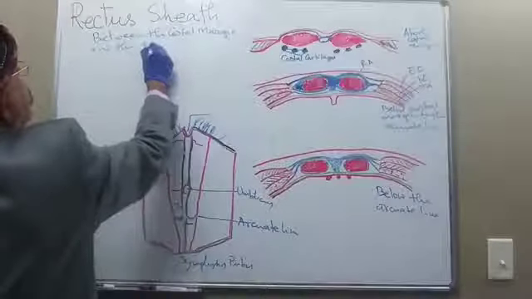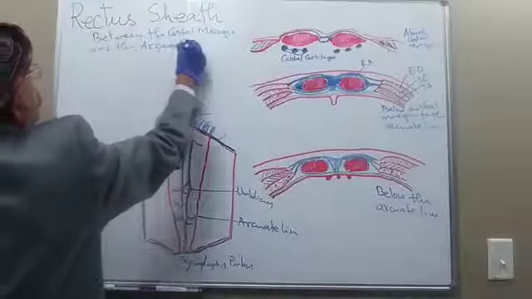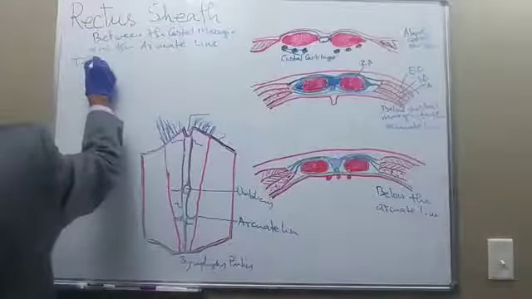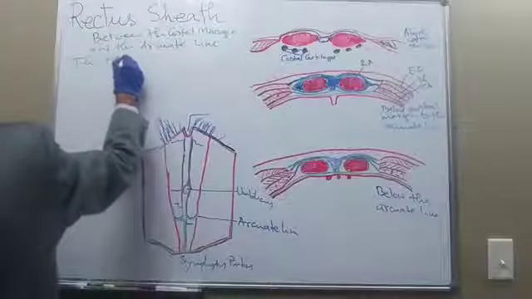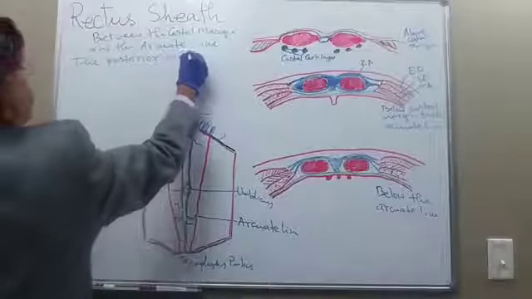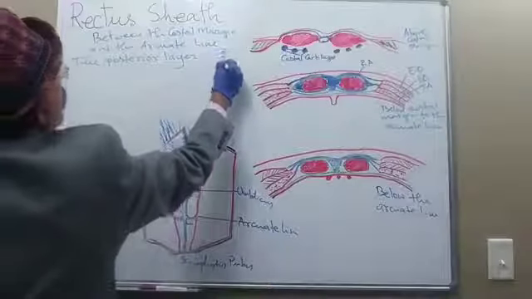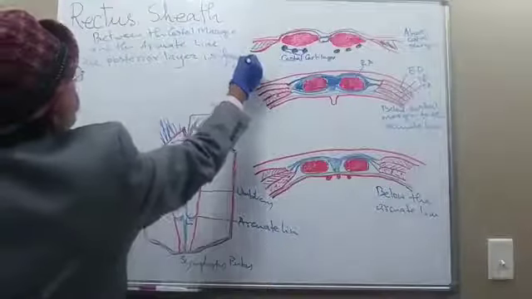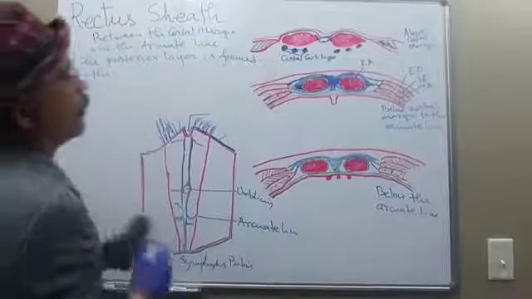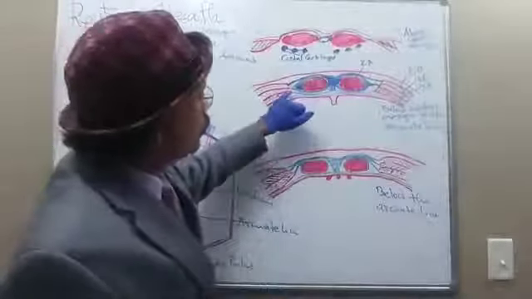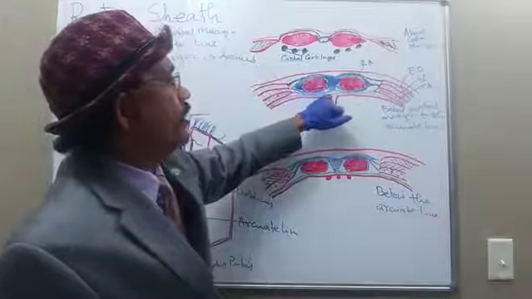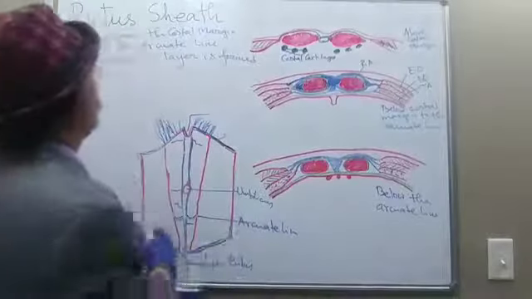Okay, the posterior layer is formed by the posterior lamina of the internal oblique and transverse abdominis muscle.